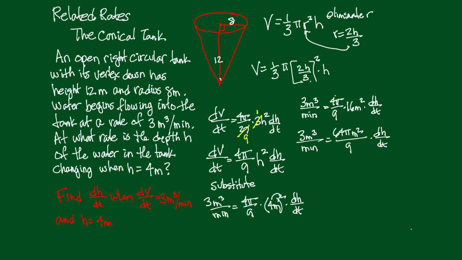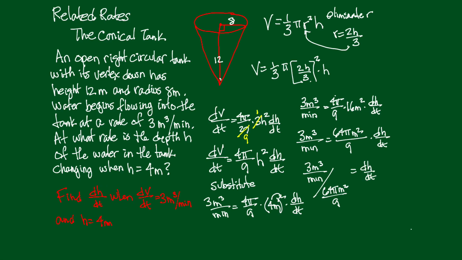We are trying to solve for dh dt. So why don't we just divide by this quantity right here? So it's going to look like this. I'll show this step. We're going to get 3 cubic meters per minute divided by 64 pi square meters over 9. That's equal to dh dt.